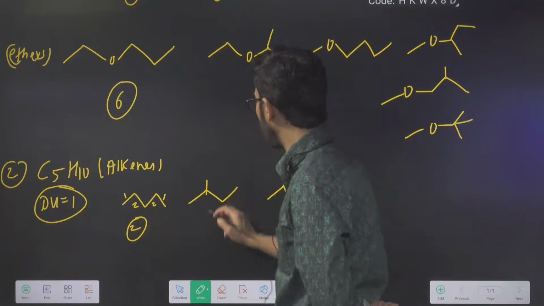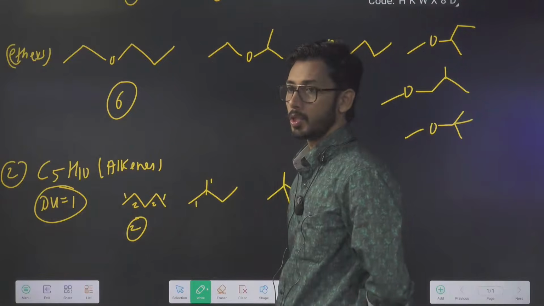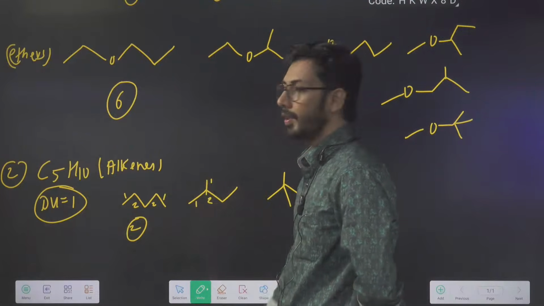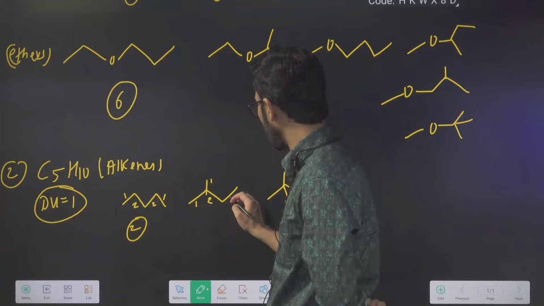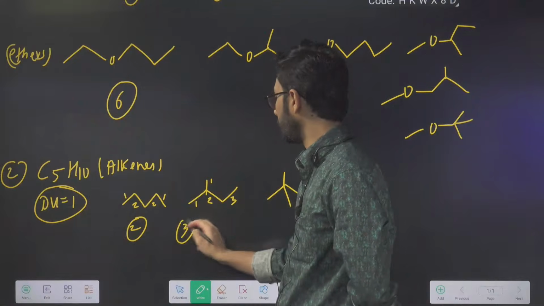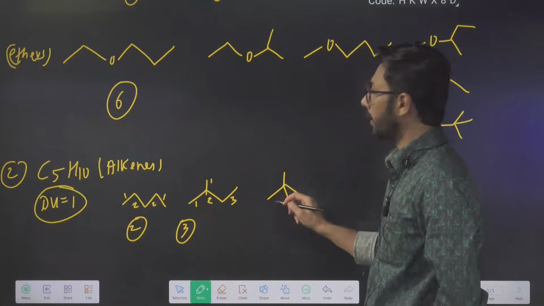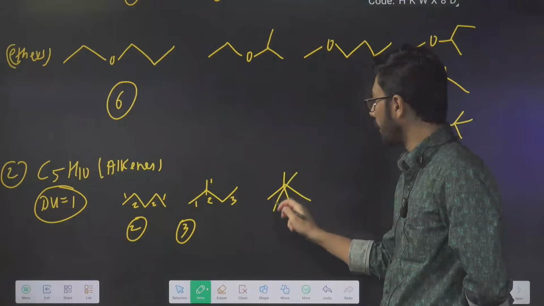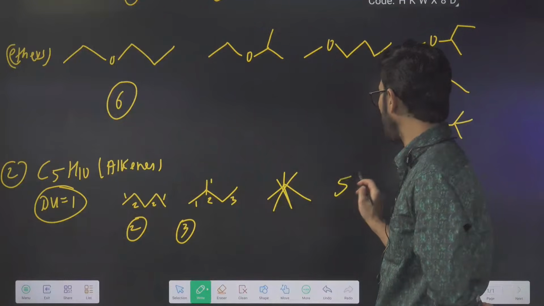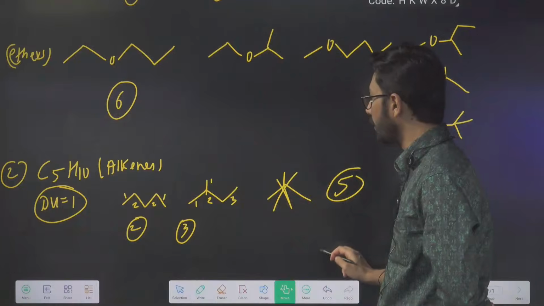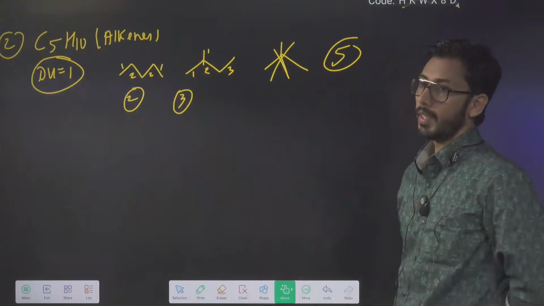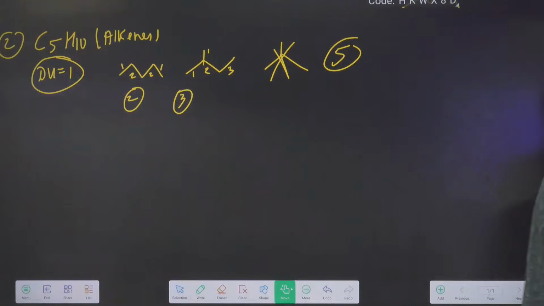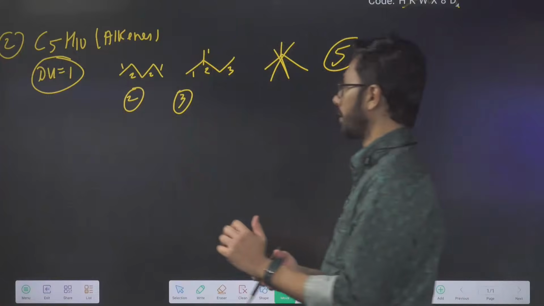There, what are the possibilities? Here and here. One possibility. Then here between them, second possibility. Then here, third possibility. 3 here. Here you cannot put a double bond anywhere because there is no hydrogen. Carbon is bonded with other carbons. So here we cannot write. The answer is 5 structural isomers of C5H10. You can write with proper double bonds to get more clarity.